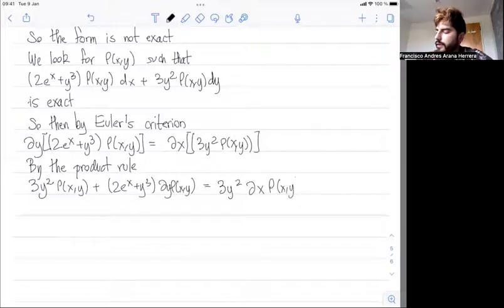I just expressed everything after using the product rule. And the question is, what is better to assume?